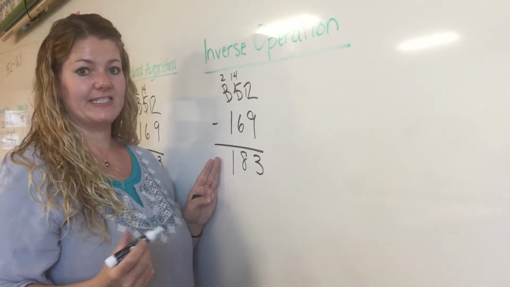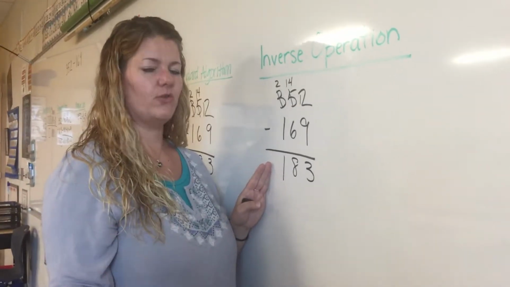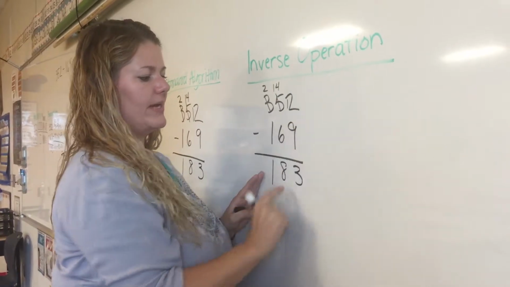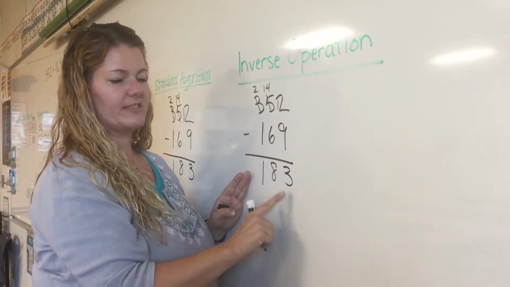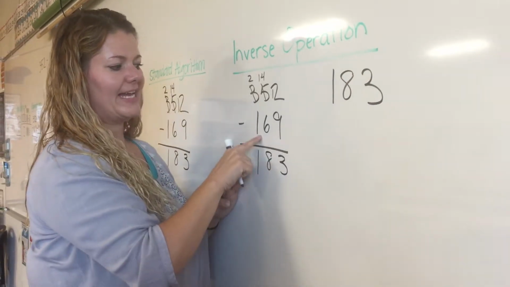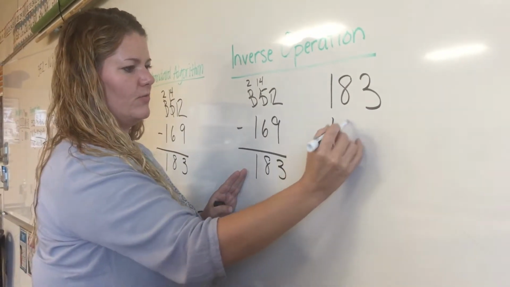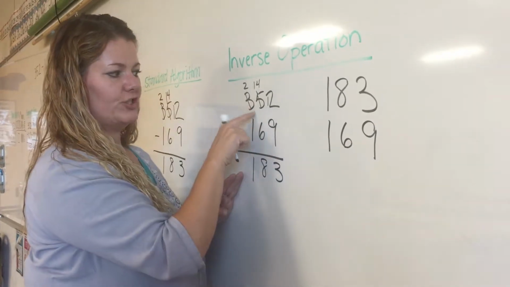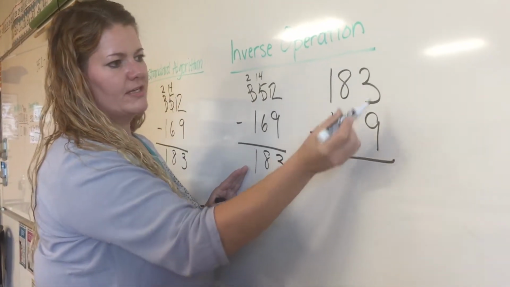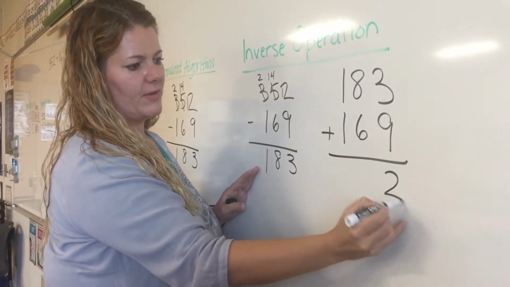Since subtraction is the exact opposite of addition, we can check our answer using addition. So now I can take the difference that I found here, 183, and add it to 169, and it should give me 352 if I did it right. So 3 plus 9 is 12.